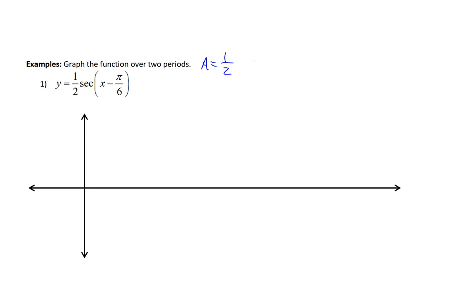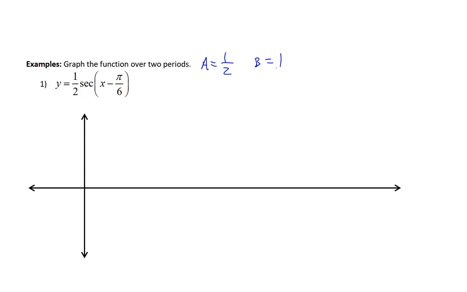What we also want to note, which is more important to getting some progress on the graph, is the B value. Remember, as we noted above, B is what you see in front of the variable inside the trig function. So we have the secant of, and then inside those parentheses, it's just x minus pi over 6. Notice that in front of the x you don't see anything, which means the B value is actually just 1.